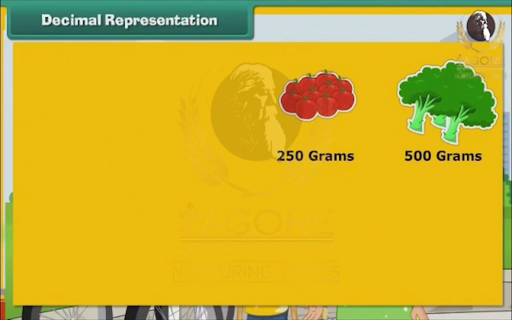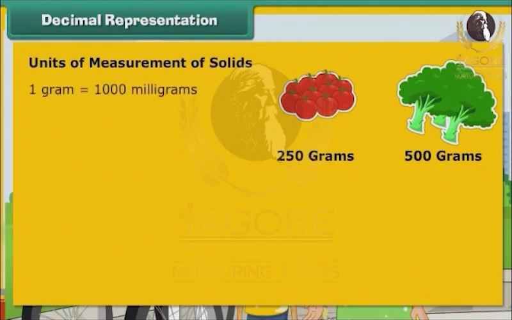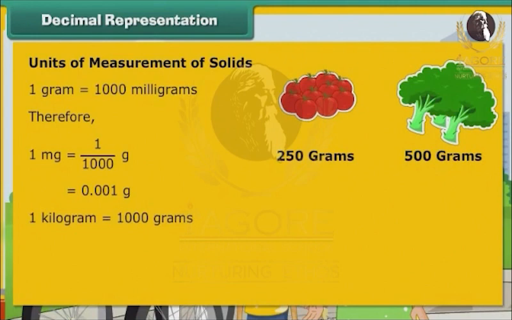To be able to do so, Akshay must first understand the units used to measure quantities of solids. 1 gram is equal to 1000 milligrams. Therefore, 1 mg is equal to 1 by 1000 gram. That is equal to 0.001 gram.